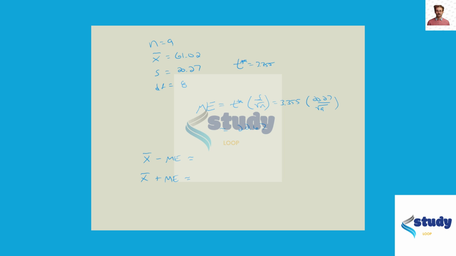Okay, so the mean minus the margin of error would be 38.36 for the lower boundary to 2 decimal places, and the upper boundary by adding would be 83.69.